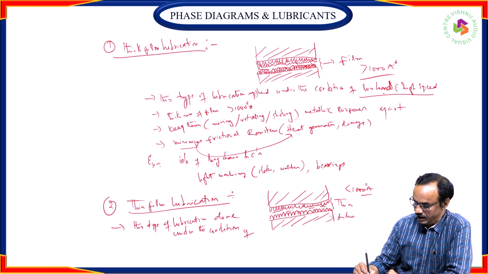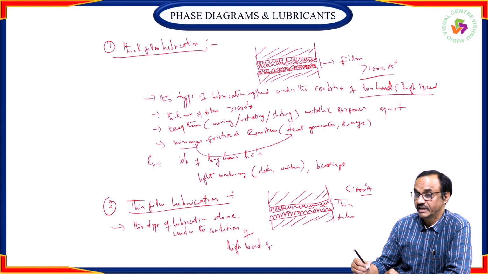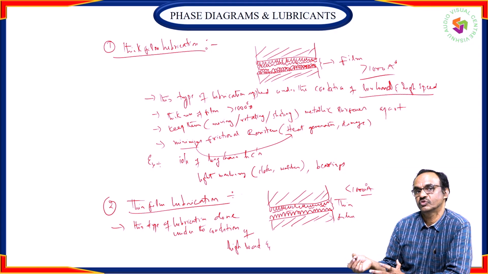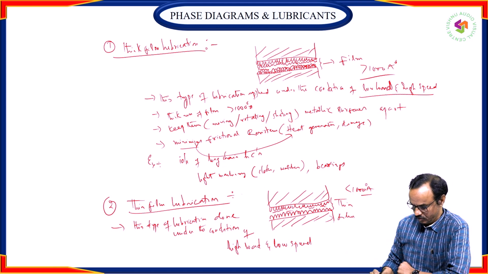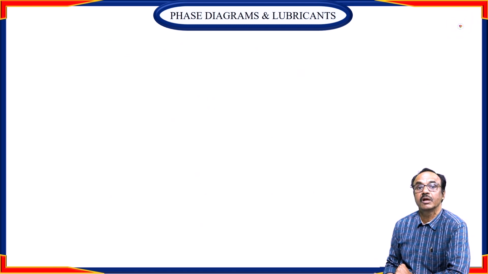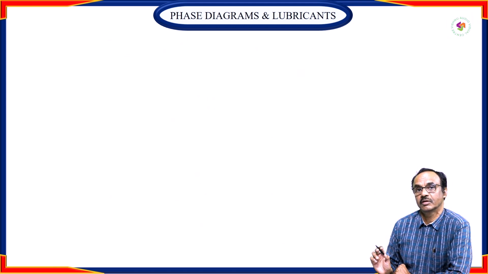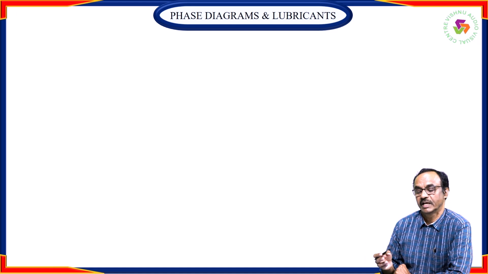Under the conditions reverse to this, high load and low speed. When it is high load, obviously it moves, rotates, slides slowly. So the normal oils that we use in light machinery, we cannot use here.